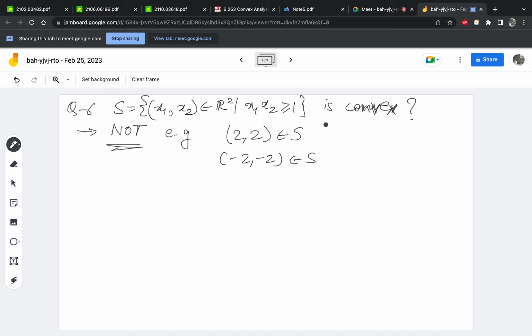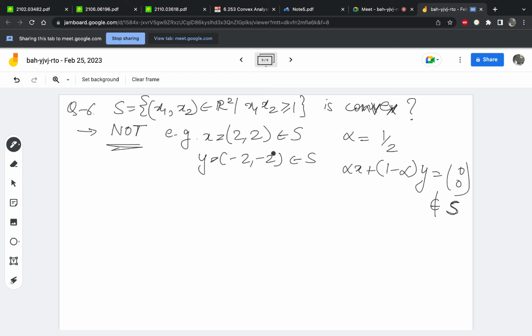Any point with the same coordinates will work basically. Take alpha equals 1 by 2. Call this x, call this y. Alpha x plus 1 minus alpha y is 0 0, correct? This does not belong to S.